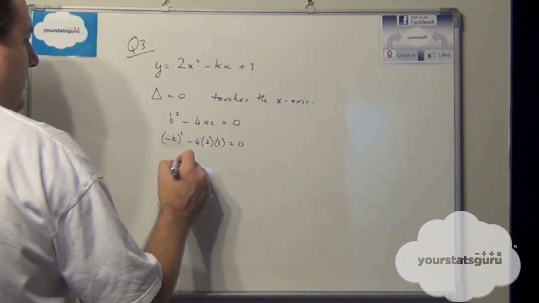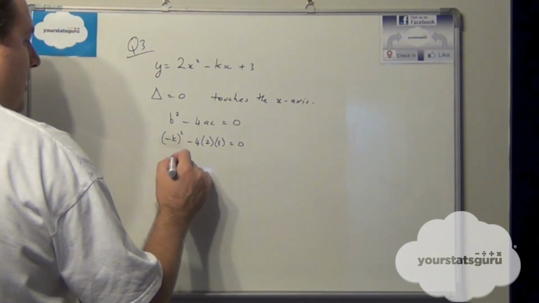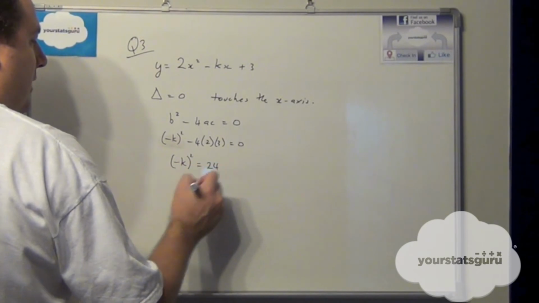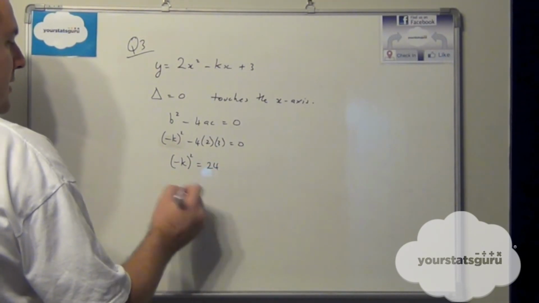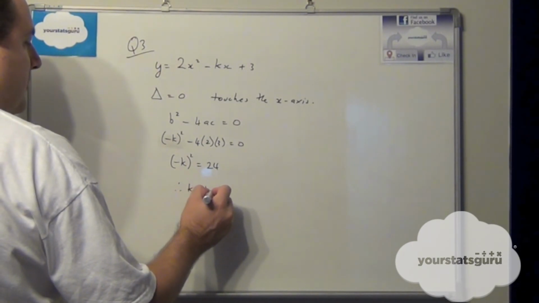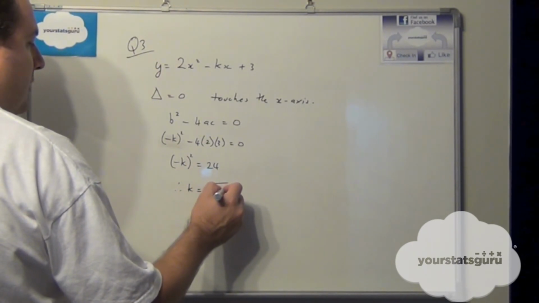So we have negative k all squared is equal to 24. So therefore, k is equal to plus or minus the square root of 24.